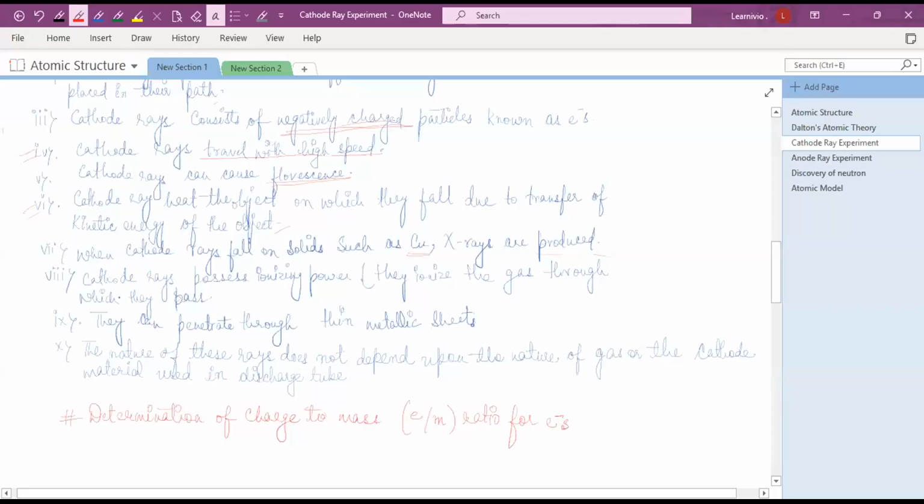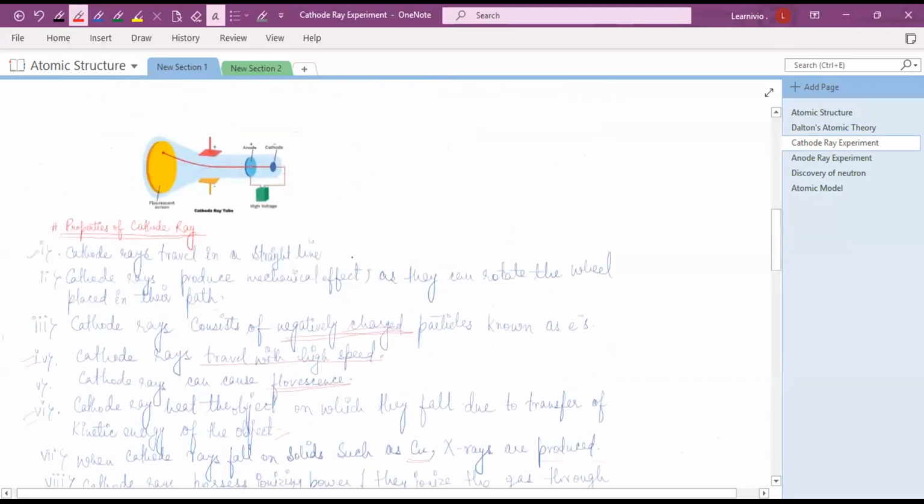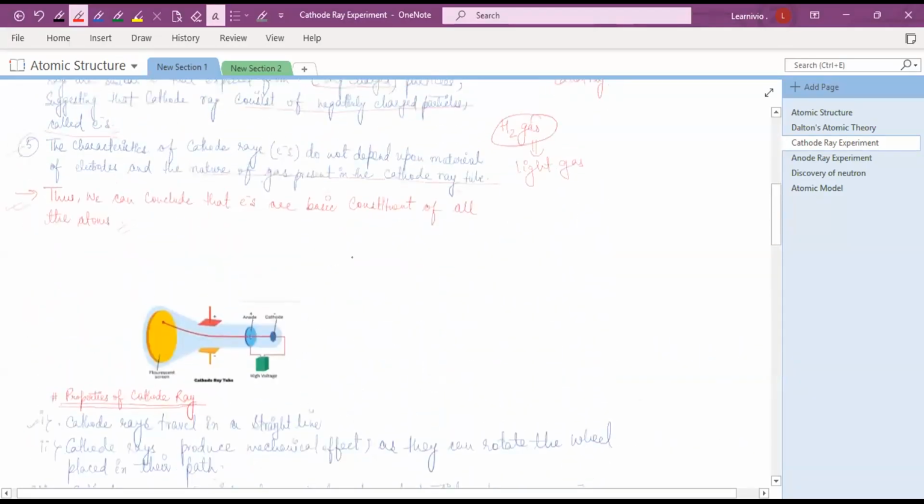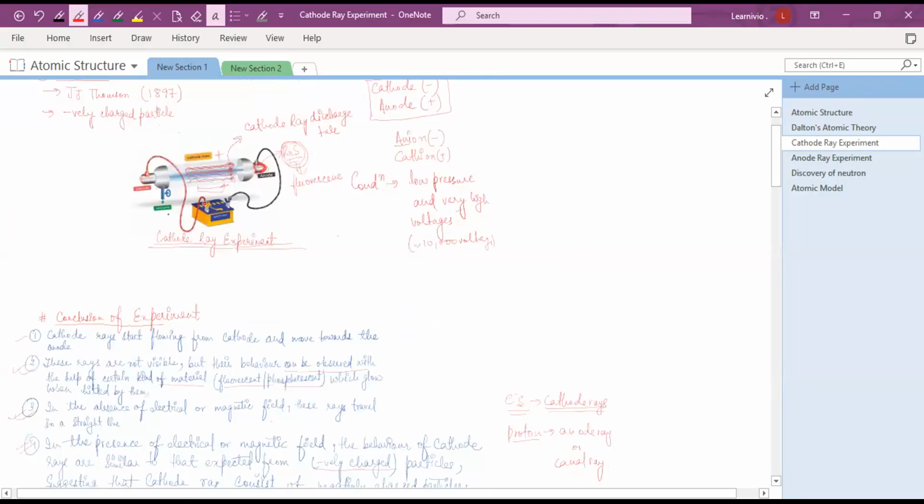Eighth point is cathode rays possess ionizing power, right? It has an ionizing power. Meaning in the glass discharge tube, if there are gas particles, when this cathode ray strikes the gas particles, it ionizes that gas through which they pass, right? As you can see in the case of this, this is not fully evacuated.